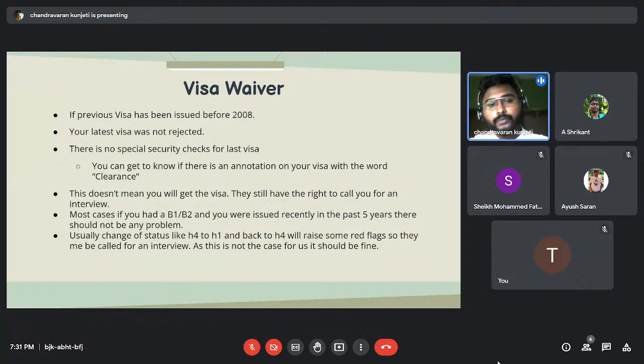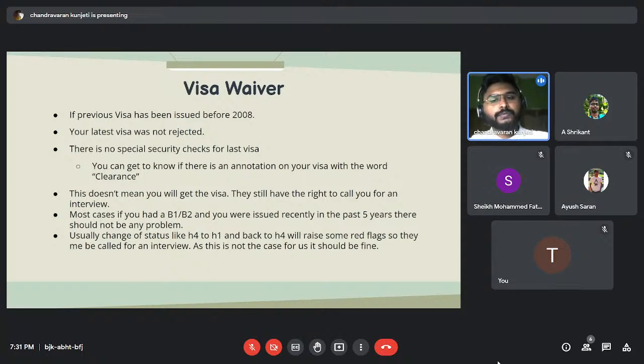That is one of the requirements for a visa interview waiver, if I had to be more specific. Also, the latest visa you applied for must not have been rejected.